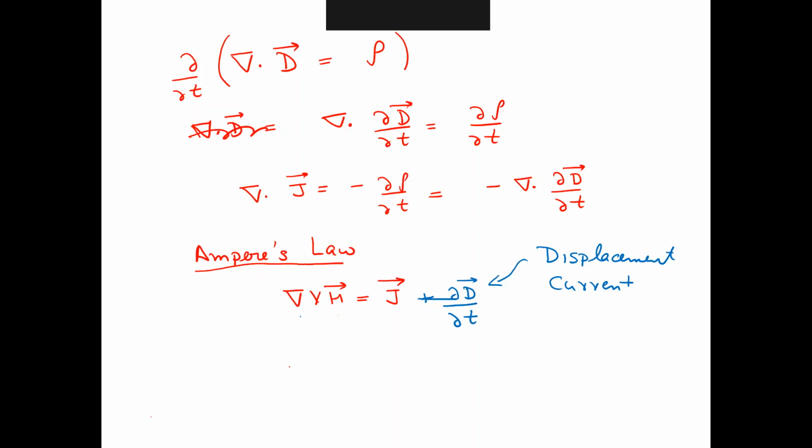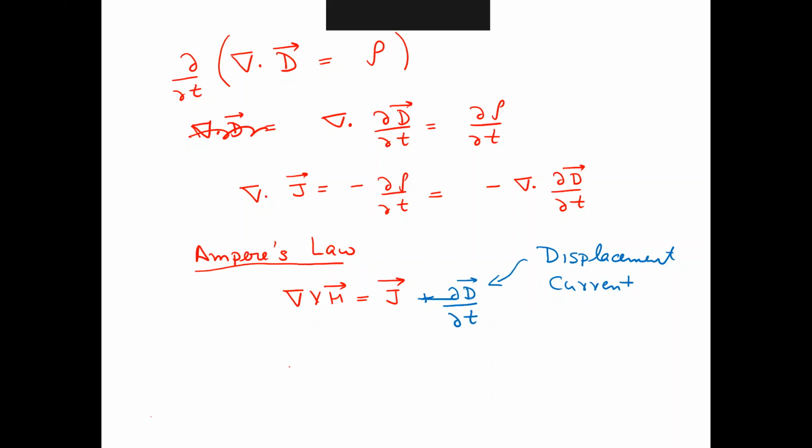This is the experimental part. Addition of this del D by del T is pure maths. It's coming purely from Maxwell's point of view. Basically, Maxwell realized that del cross H is equal to J does not tell me about the universe completely, because otherwise I get into trouble with another universal law, which is the charge continuity equation.